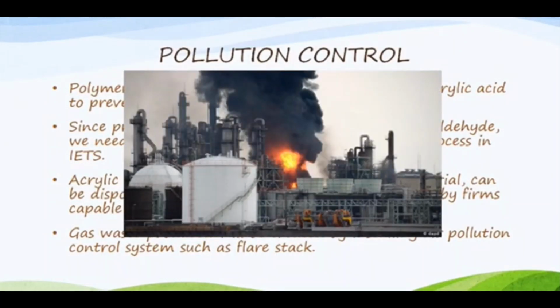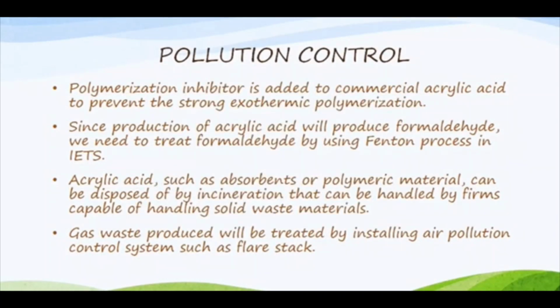From that explosion, we might accidentally release unwanted pollutants to the environment. Since production of acrylic acid will produce formaldehyde, we need to treat formaldehyde using the Ventern process in IETS. The Ventern process is one example of a chemical oxidation process.